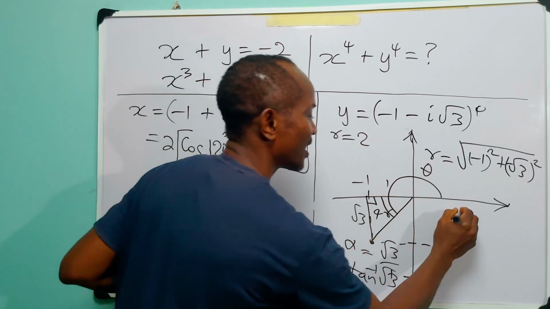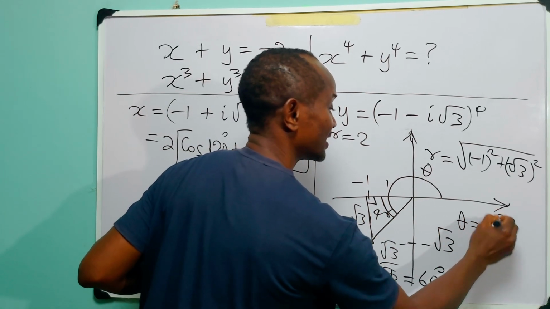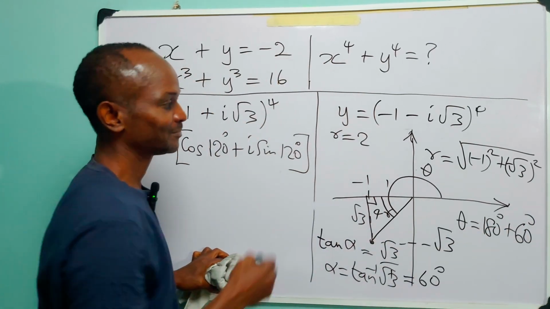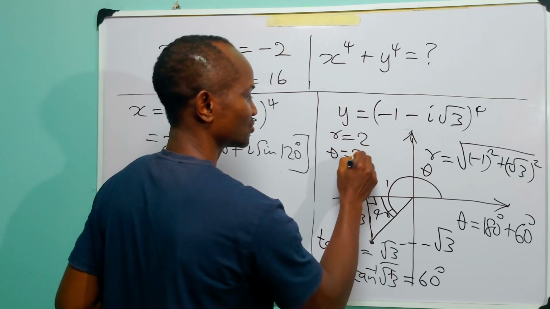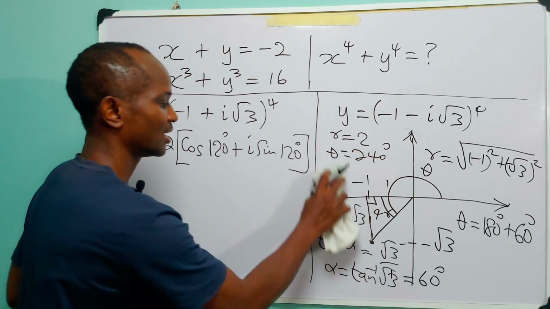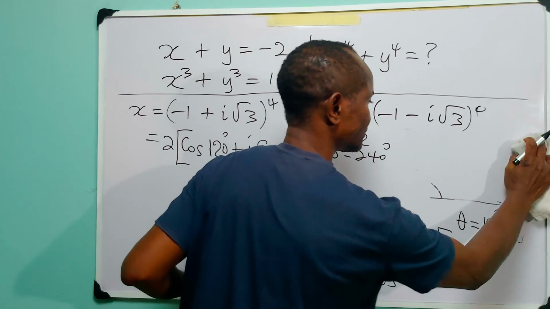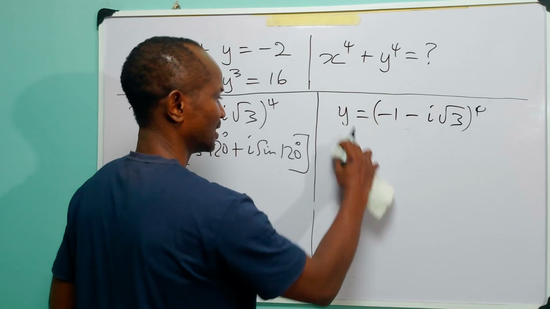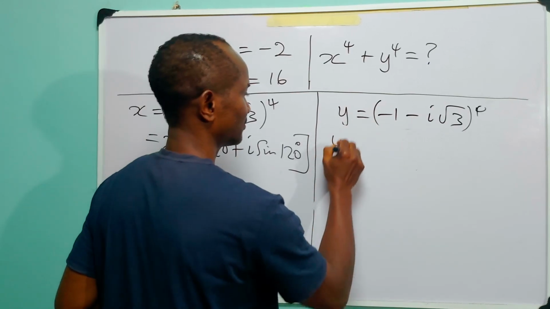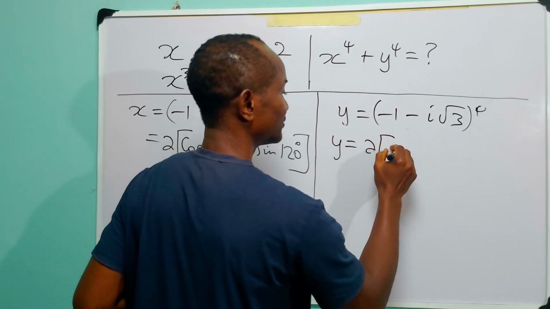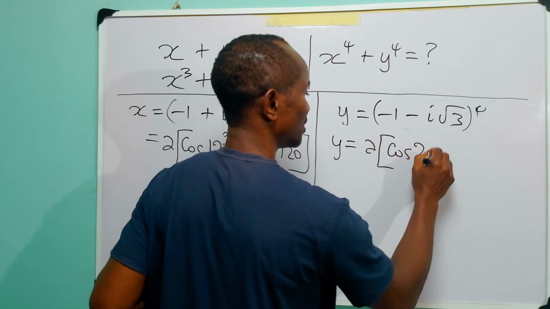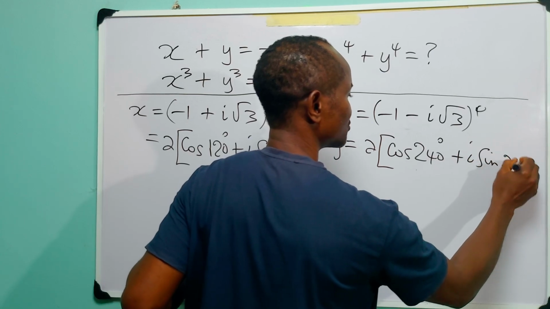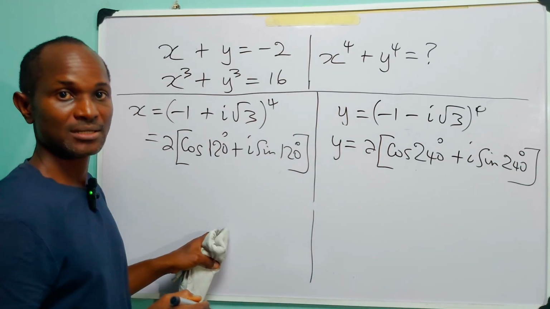But in this case, we now have that theta is equal to 180 degrees plus 60 degrees. So we have that theta is equal to 240 degrees. So we have that y in its polar form is equal to 2 into cos 240 degrees plus I sine 240 degrees.